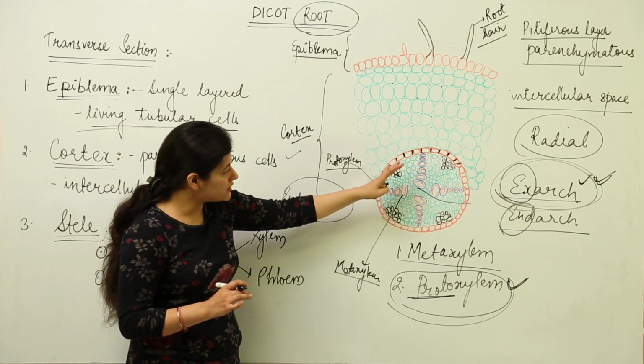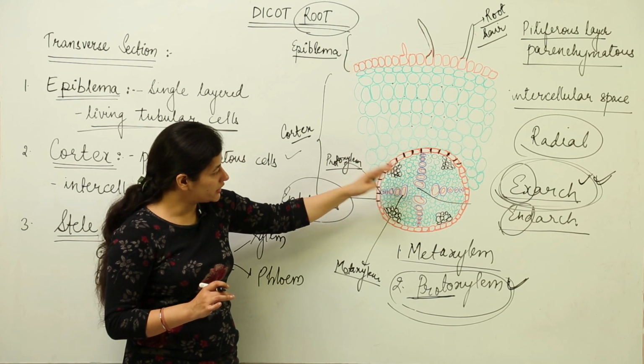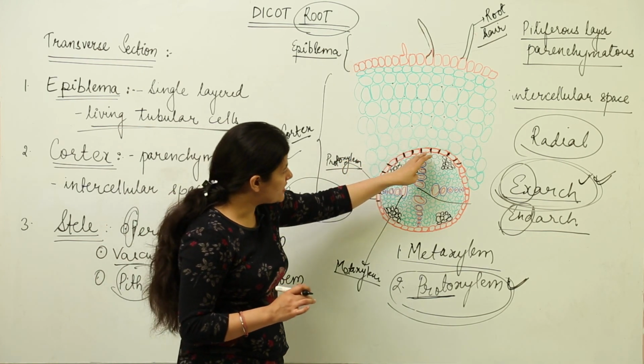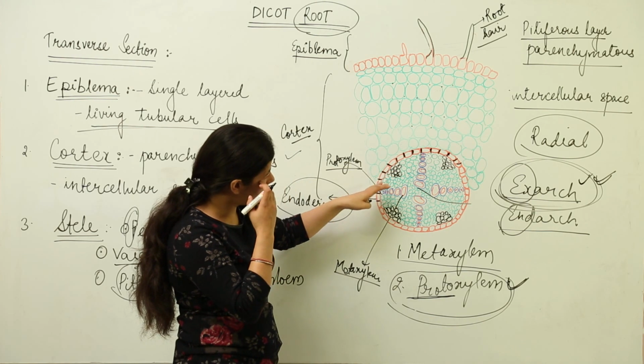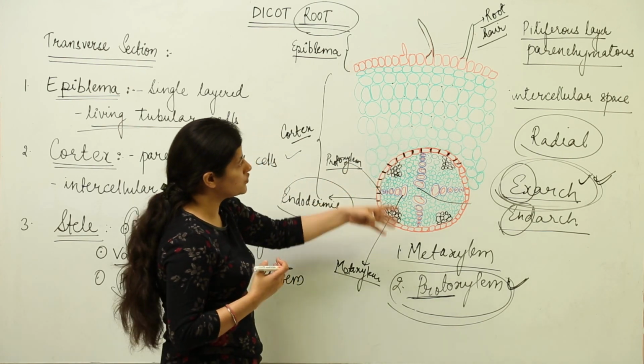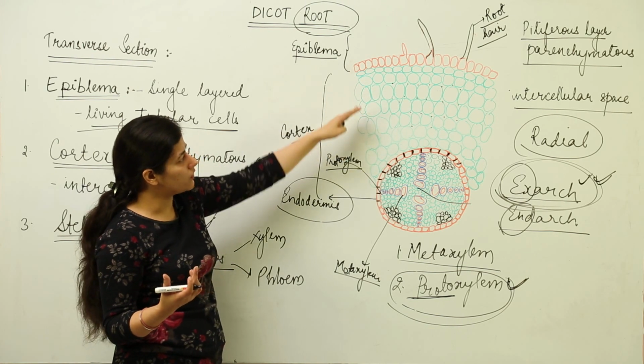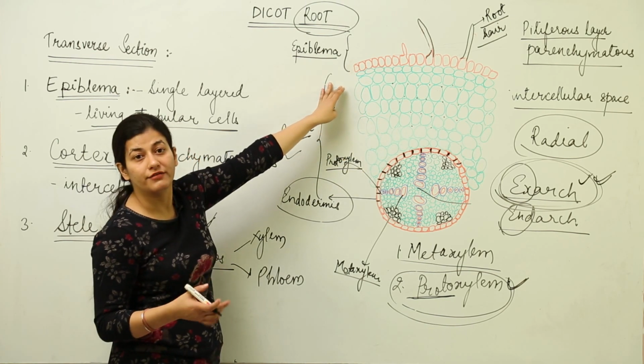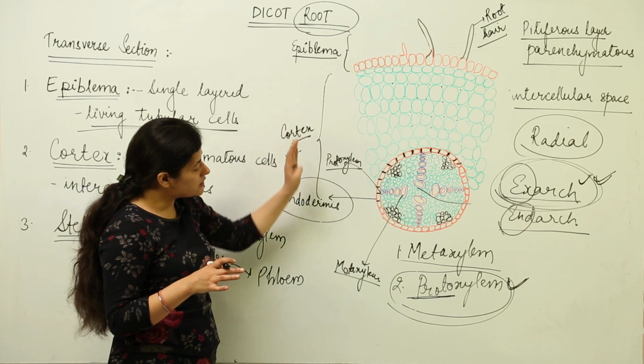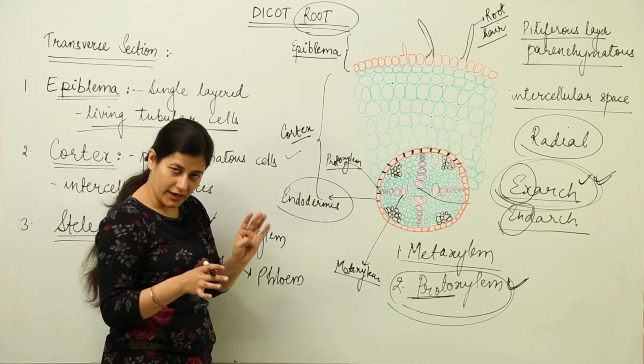Now phloem is present. In between phloem there is conjunctive tissue, then there is pericycle that lies beneath the endodermis. Endodermis is having the Casparian strips. Few or many intercellular spaces are present in the cortex, and epiblema is having root hair. These things you have to keep in mind, okay?